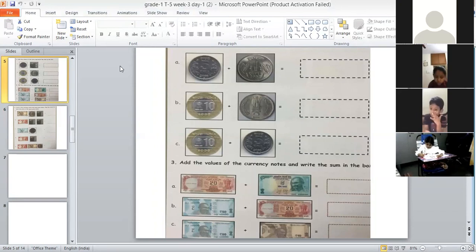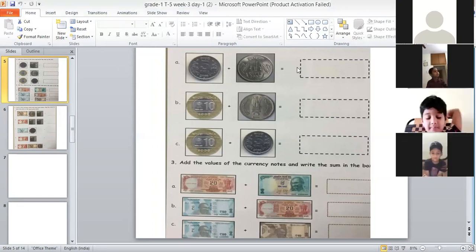Look at the first bit and tell me how many rupee coins are there. 5 rupee, 1 rupee. So 2 coins are there. First one is 5 rupee coin and the next one is 1 rupee coin. So tell me, 5 rupee plus 1 rupee is equal to how much?